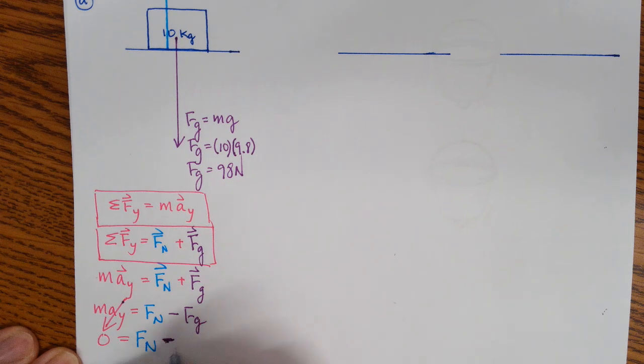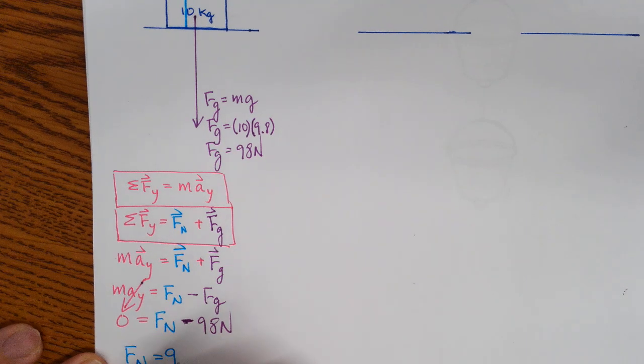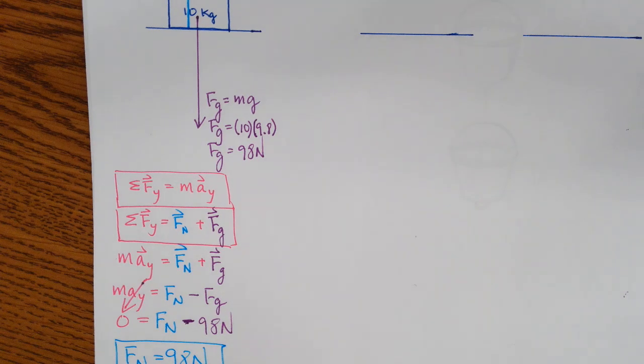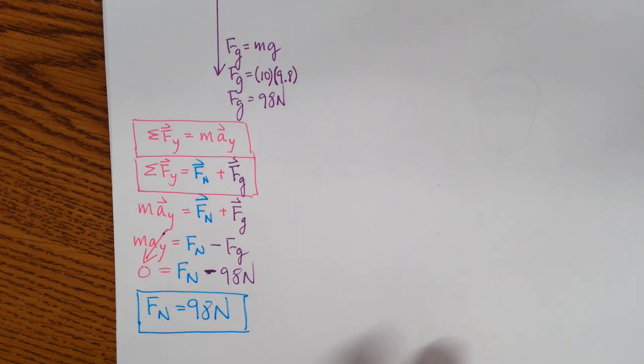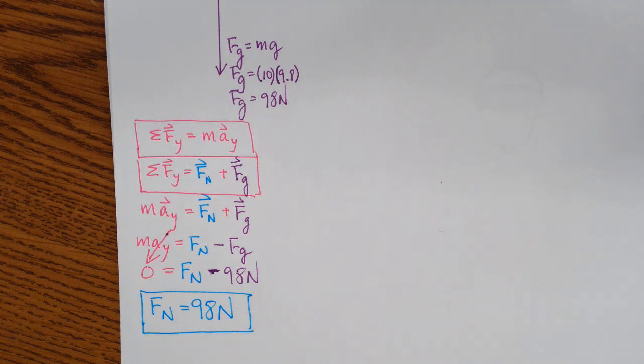Now this Fg we already know as 98 newtons. So my F normal is equal to simply 98 newtons. So in this particular case, when there are no other vertical forces acting on it, only gravity, then my normal force is the exact same value as my weight.